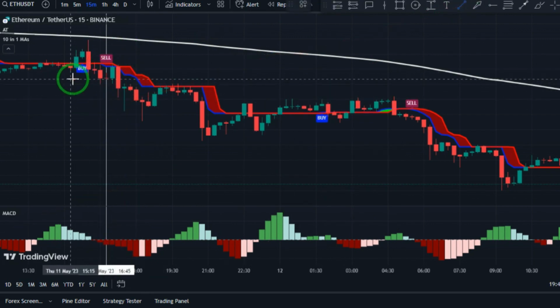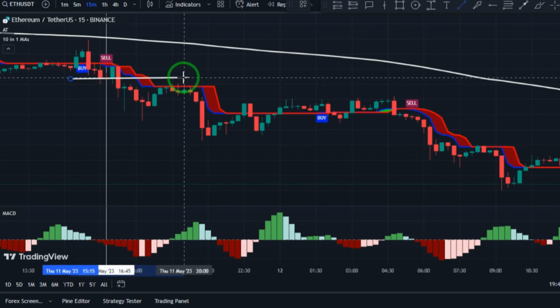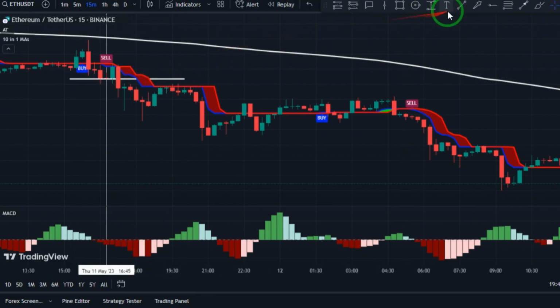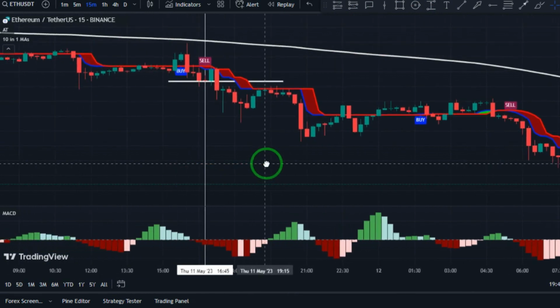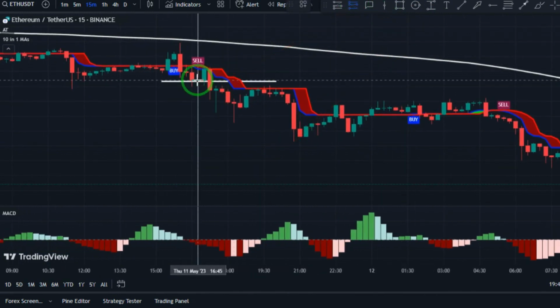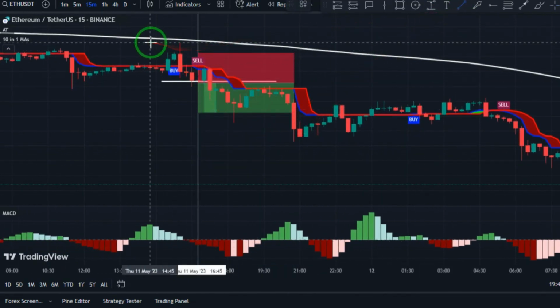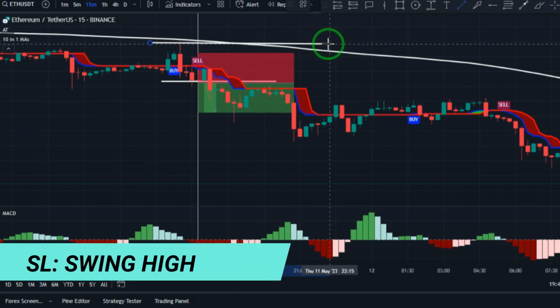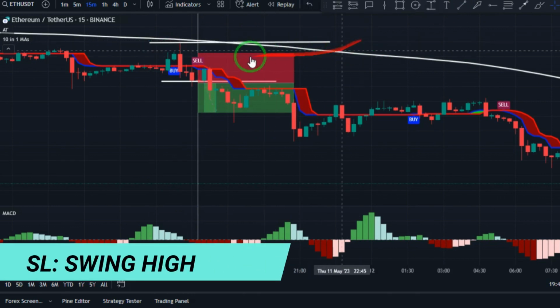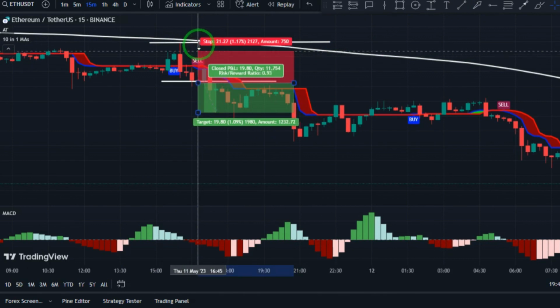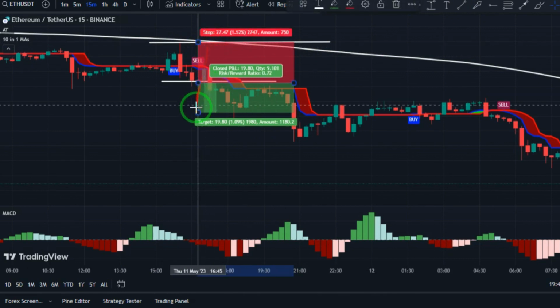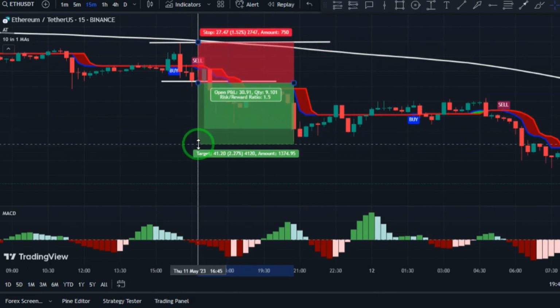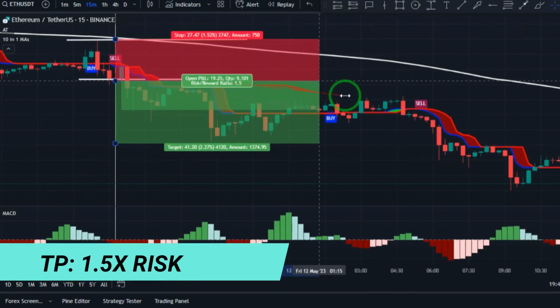Sell short at the close of the signal candlestick. Place a stop loss above a recent higher price point. And aim for a profit target of 1.5 times the amount of risk.